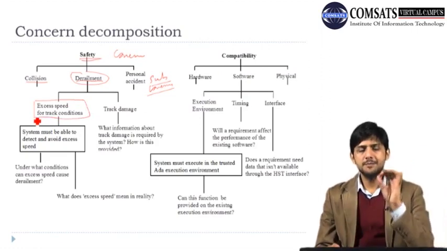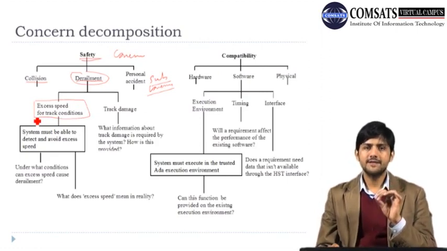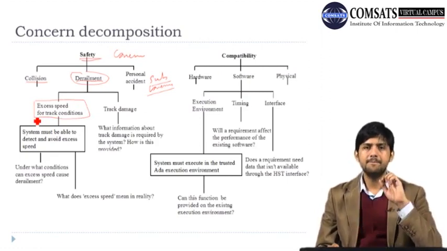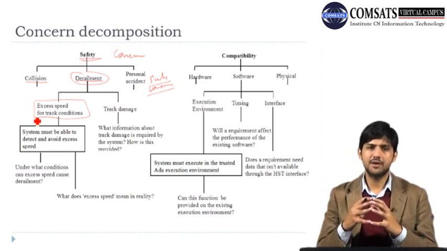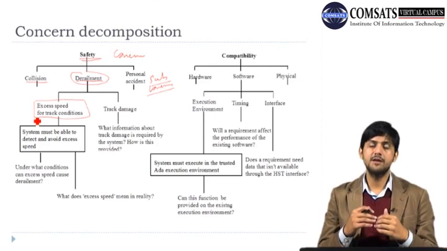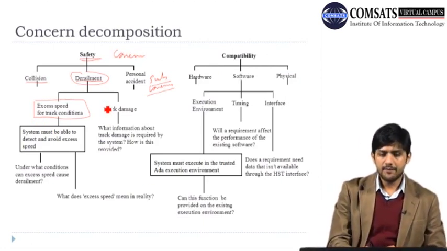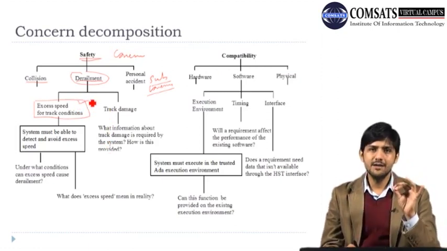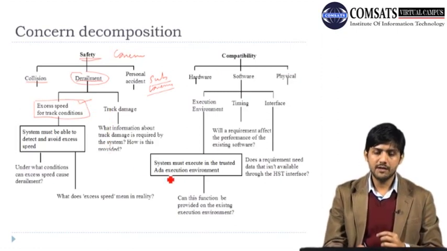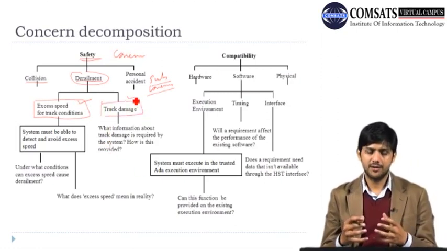Now, speed limits are put on trains for a number of reasons. For example, when the train is going through a portion of the town which is crowded, the train speeds are reduced. Similarly, depending on the condition of the track, the speed is reduced. So this is one reason: overspeeding for a certain type of track, and if the track is damaged, then derailment can occur.